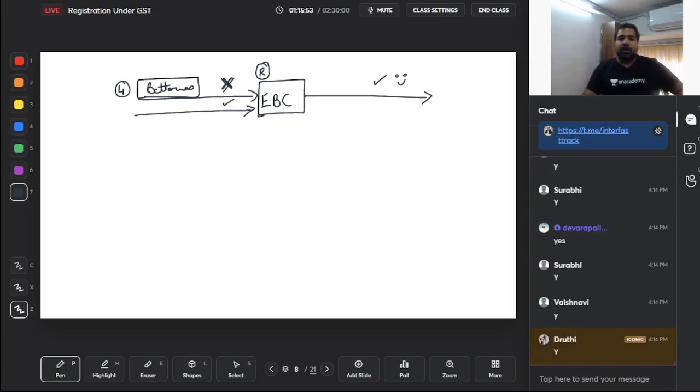I repeat. Guys, when they were not registered, did they get credit of these batteries? No. But now that they are registered and 4 batteries are left, then on these 4 batteries or whatever stock of batteries is left, whether in finished goods, semi-finished goods or raw materials, whatever stock is left, will they get credit of this stock now?